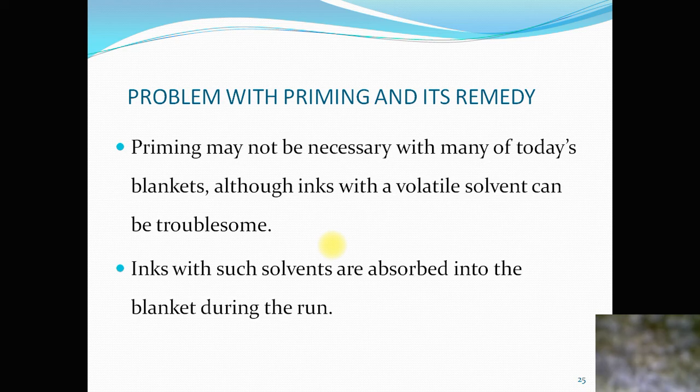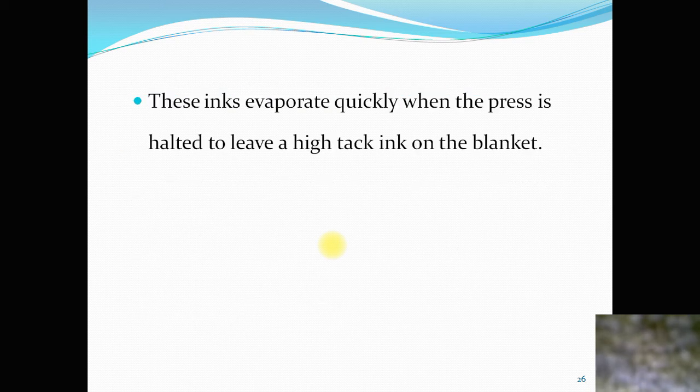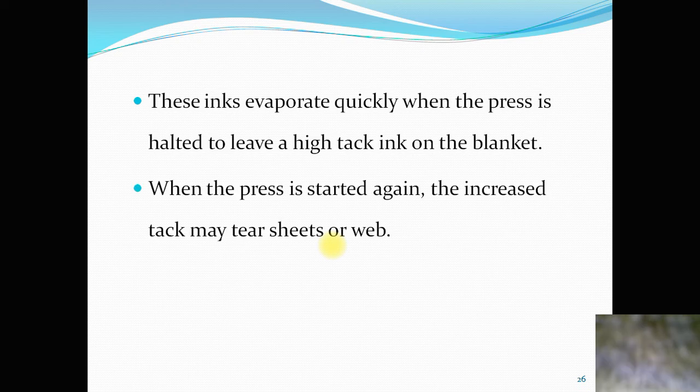Inks with such a solvent are absorbed into the blanket during the run. These inks evaporate quickly on the blanket. When the press is started again, the increased tack makes the sheets wet.